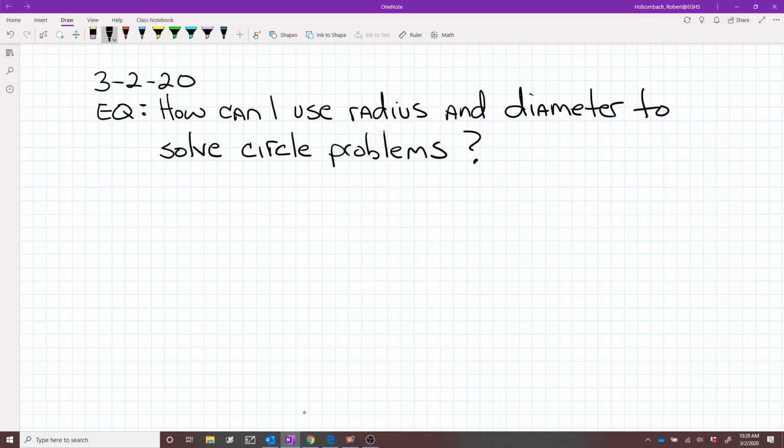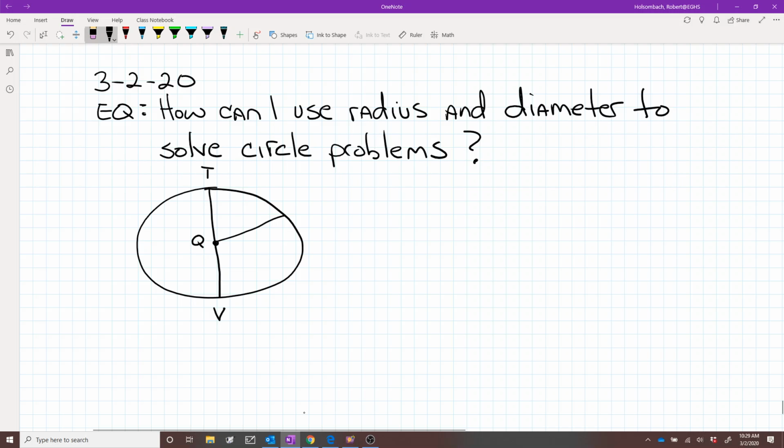Alright, so example 2 on page 698. You're given a circle, and it's circle Q. That's a U down there, isn't it?